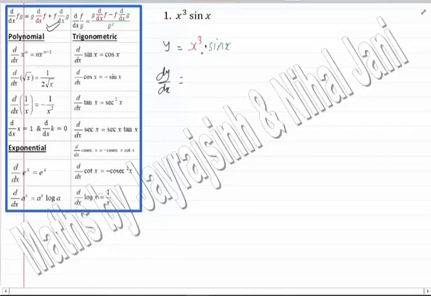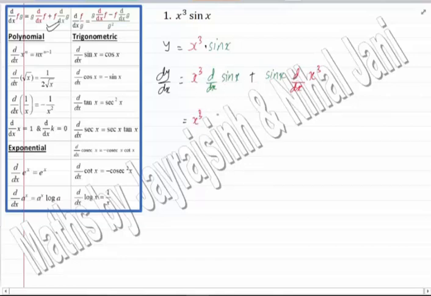So in the multiplication rule, the first function will be as it is. We have to differentiate the second function, plus, now our second function will remain as it is. We have to focus on the differentiation of the first function. Okay, now let's simplify. x cube is as it is.